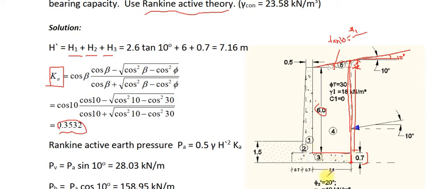This distance equals 2.6, and the angle here is 10. So H1 will be equal to 2.6 tan 10 degrees.